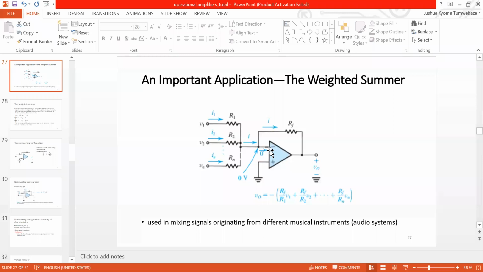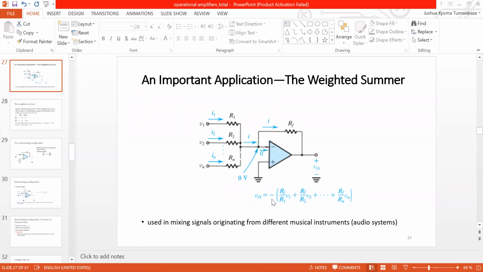When you write your equation for the output voltage V0, taking the direction of current into consideration, you'll have 0 minus V0 over RF is equal to I. Then you make V0 the subject, substitute for I, and you obtain that equation.